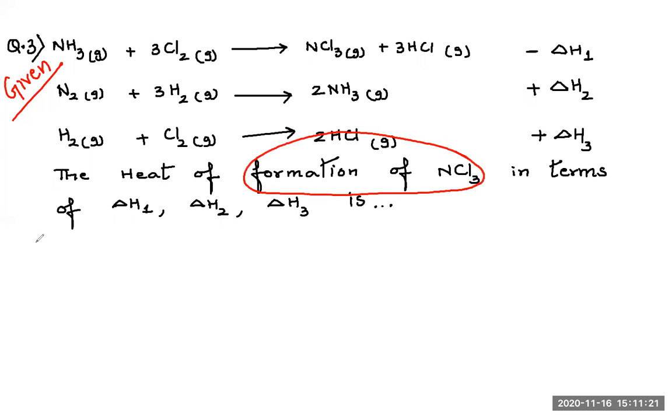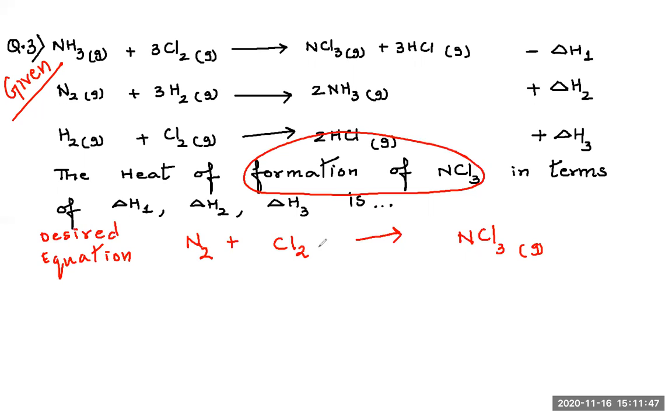So the very first thing I do is I write the desired equation. Let's see what's the desired equation. I want to find the enthalpy of formation of NCl3. So I am making NCl3, which I can get from nitrogen and chlorine. These are the elements. I write their atomicity to each.